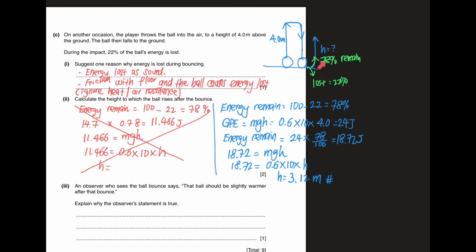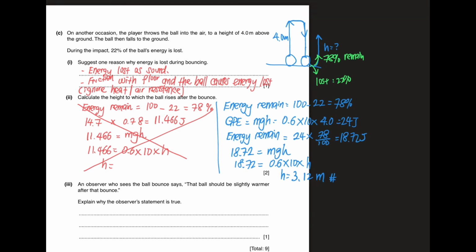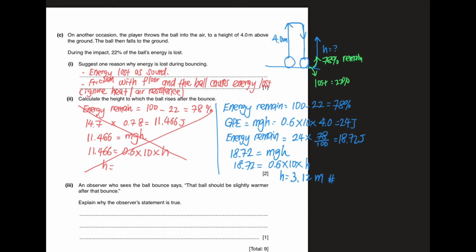You know, it's 78%, you either times 78 over 100 or you times 0.78. Two choices. So that's why we do that. Okay, so now let's continue. So then you equalize it with the gravitational formula. Yeah, correct.